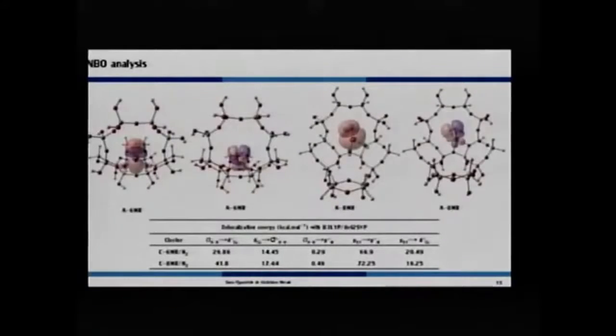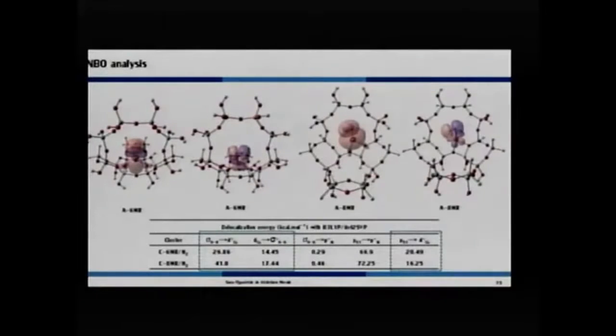We performed NBO analysis, and we observed that the interaction of the hydrogen with the copper occurs through a donation from the sigma orbital of hydrogen and a back donation from copper to the antibonding orbital of hydrogen.